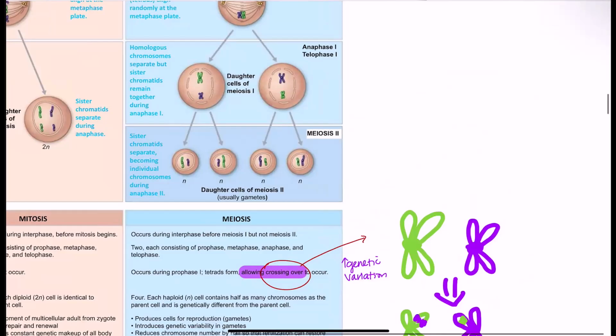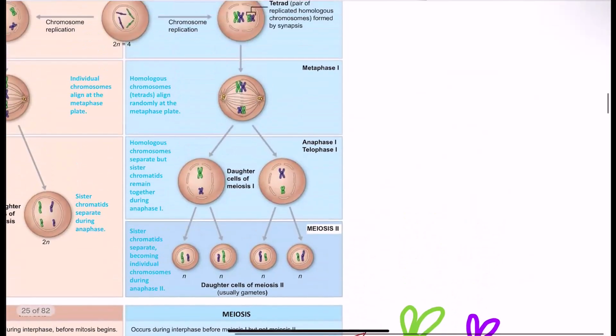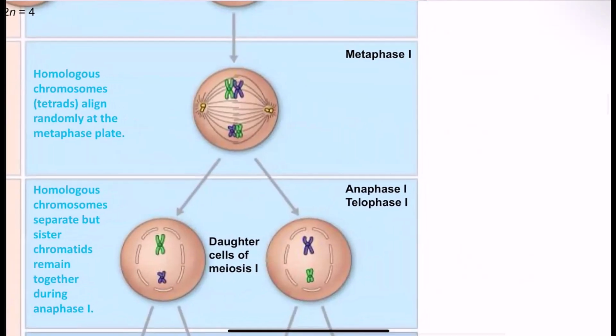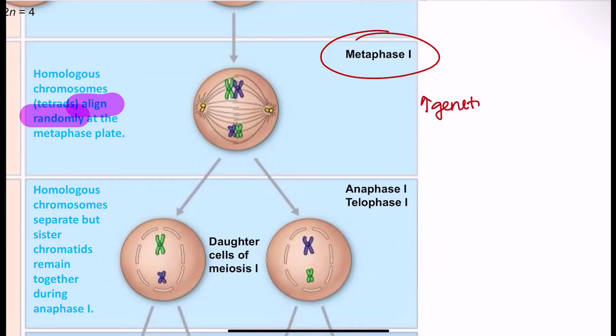The next thing that happens to increase genetic variation happens in metaphase. In metaphase 1, notice how chromosomes line up randomly at the metaphase plate. So notice how there's a purple one here, but a purple one on the other side. The idea that our chromosomes randomly align along this metaphase plate also increases genetic variation.